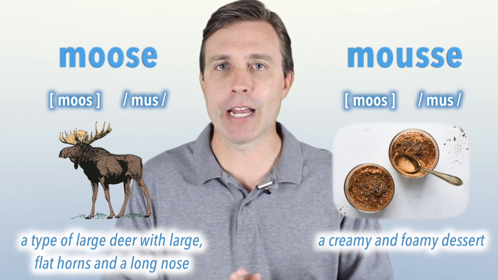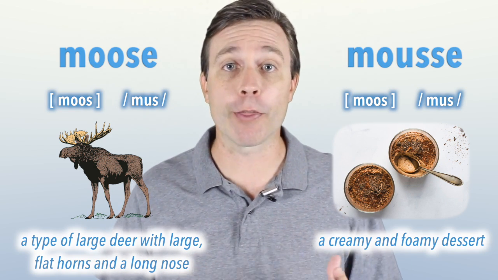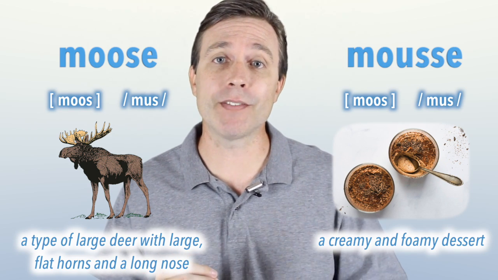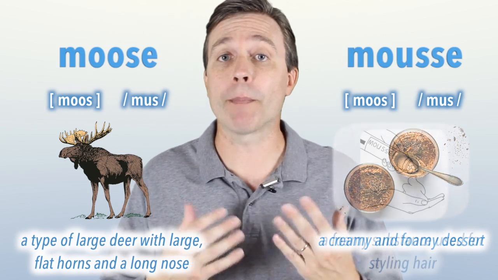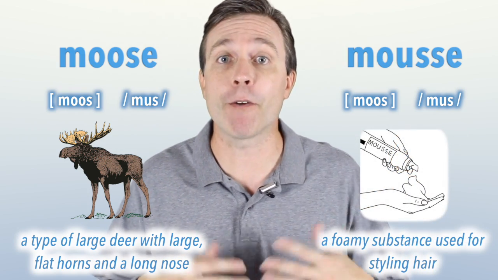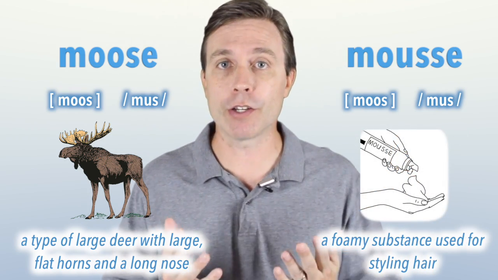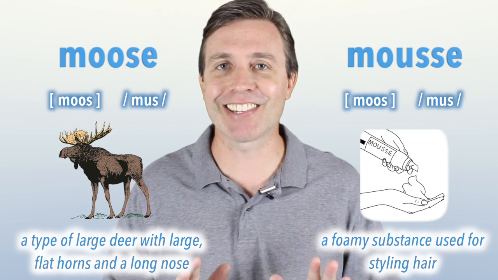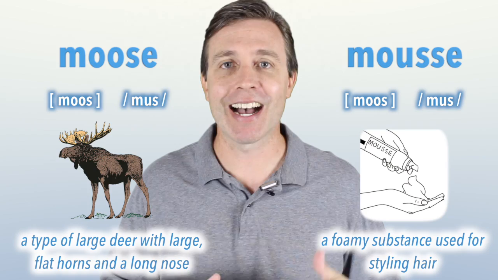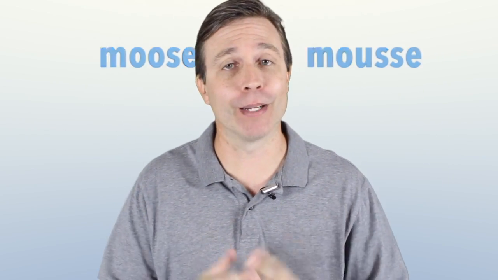And in French, it means like froth or foamy, which is what gives it its second meaning in English, because you could talk about mousse referring to a foamy substance that somebody could use for styling their hair. Like right now, I did not use any mousse. I did use a little bit of gel, but not mousse.